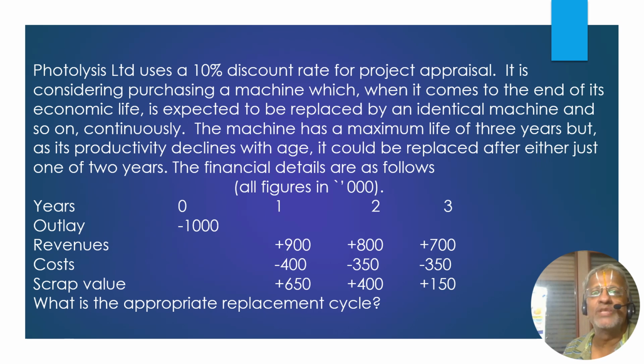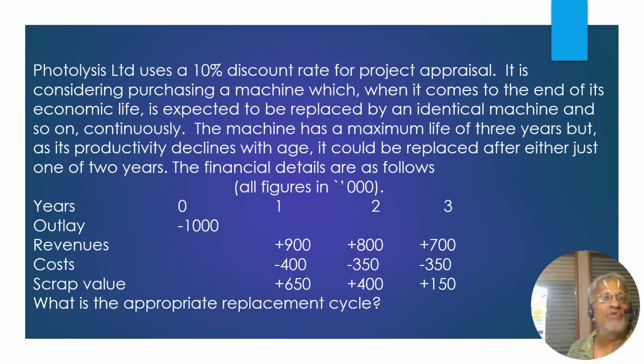A 1 year replacement cycle will have 1 year cash flow and the cash outflow of 1000. A 2 year life cycle will have 2 years of cash inflow and year 0 as the cash outflow, and the 3 year cycle will have 3 years of cash inflow. So quite naturally, even without computation, we can conclude that the 3 year replacement cycle will be the best.